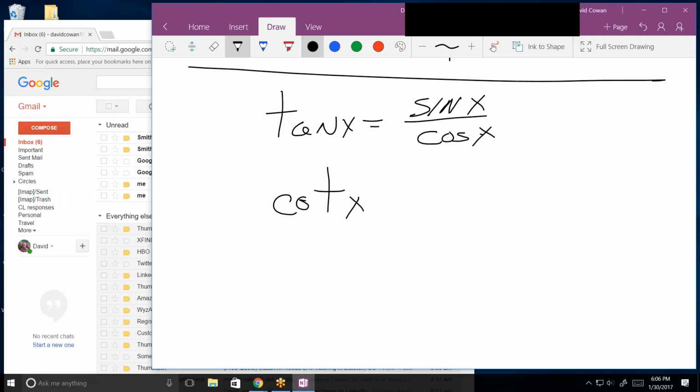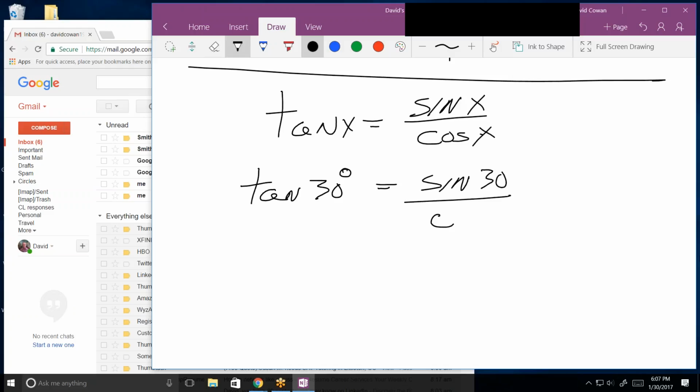Okay. And if you haven't had this one yet? No. Okay, that's good. I'm going to give them to you. I'm going to get you a little bit ahead in trig, just because it'll be helpful to you. Now, let's prove that the tan of 30 degrees is equal to the sine of 30 divided by the cosine of 30.